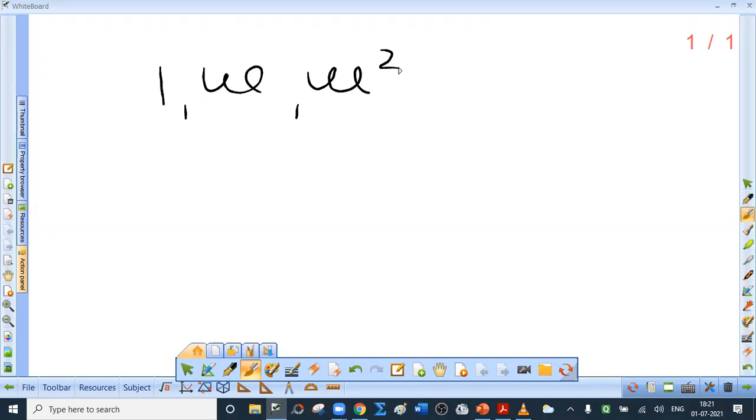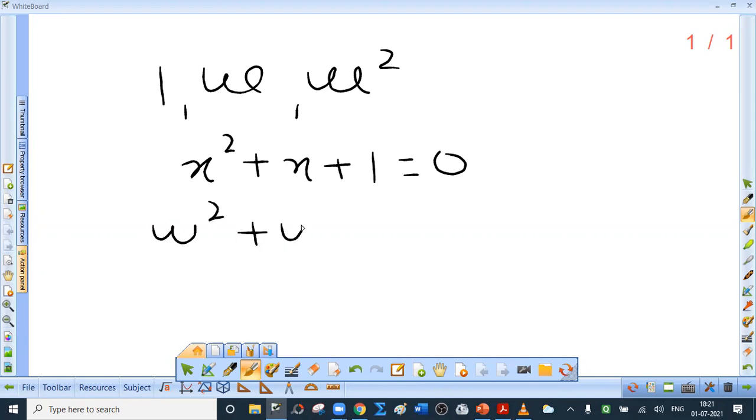Note that omega is basically a root of which equation? x square plus x plus 1 equal to 0. As it is a root, the equation is satisfied by omega. Therefore, omega square plus omega plus 1 equal to 0. You can use this as a standard result.